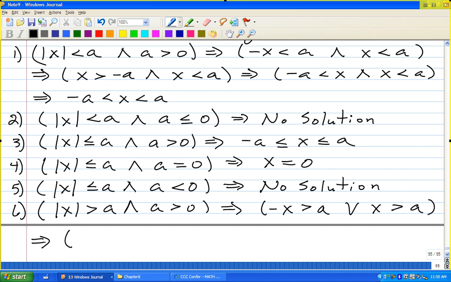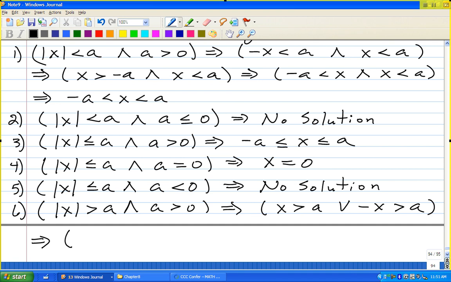Actually, let me do it the other way. Let me just write it this way because this is the way I usually write it. So x is greater than a, or negative x is greater than a.